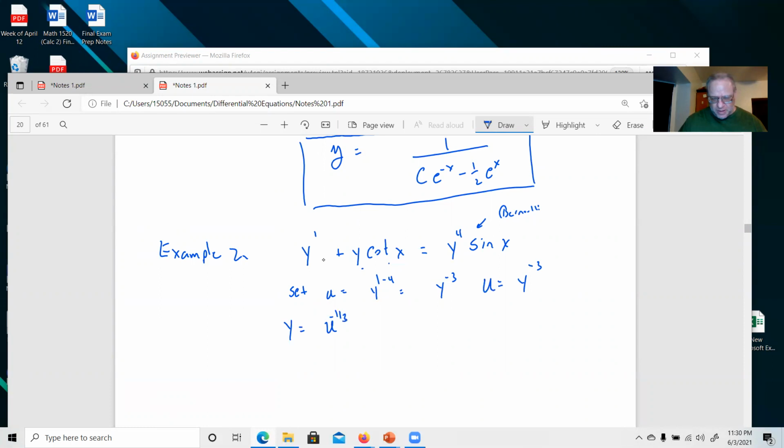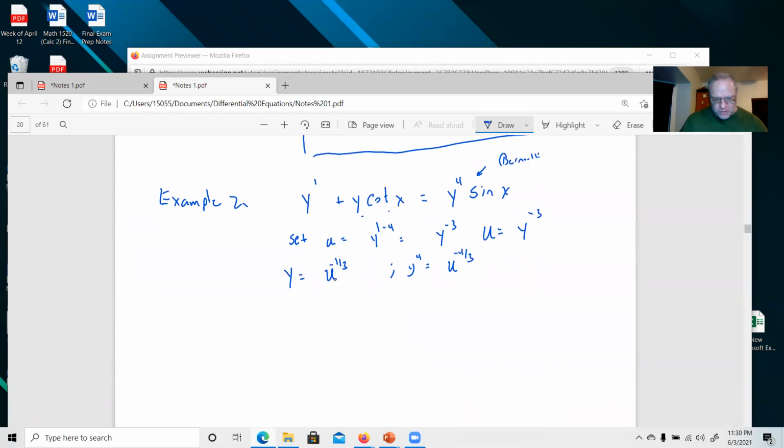If we take the cube root of both sides and multiply by -1/3, we get y. I also want y to the 4th to equal u to the -4/3. That's beautiful. And then y prime is equal to -1/3 u to the -4/3 du.